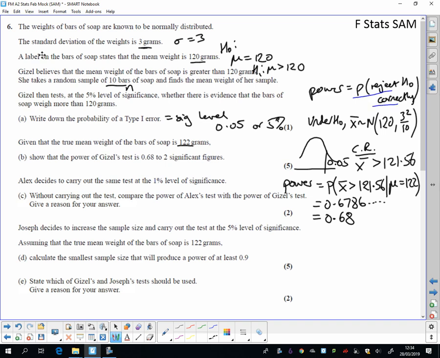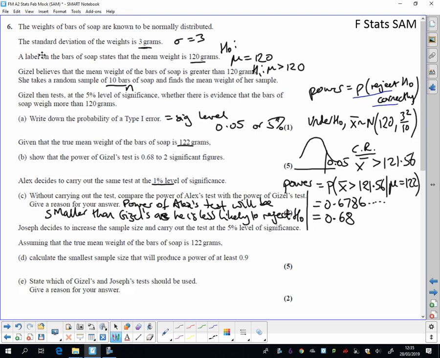Because Alex is less likely to reject H0 with only a 1% level of significance, the power of Alex's test will be smaller than Gazelle's.